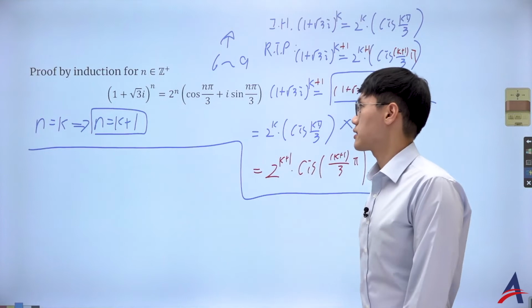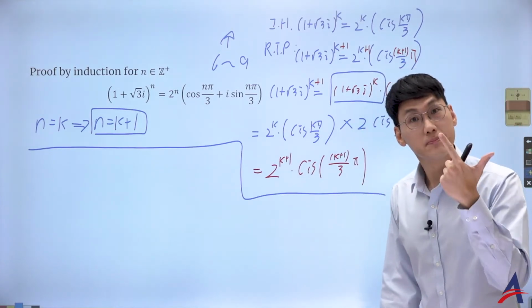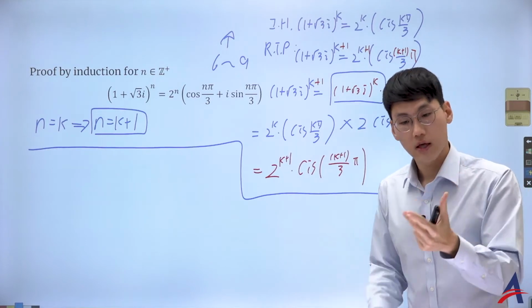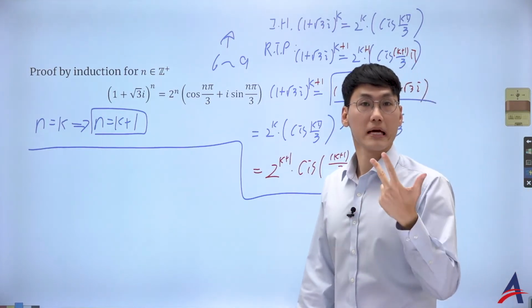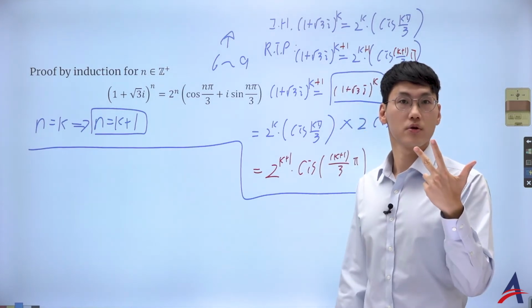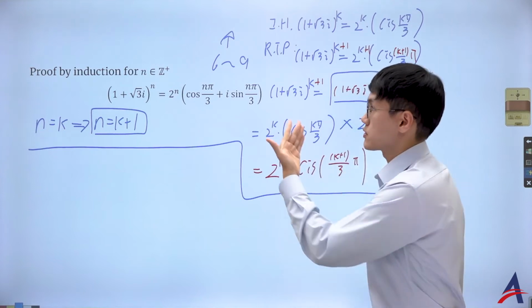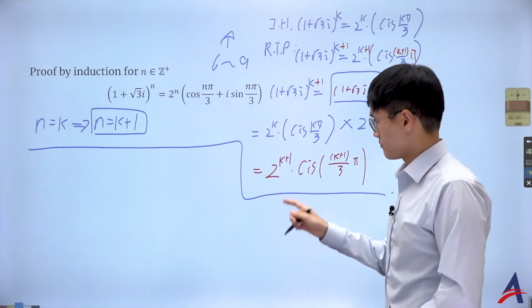So what we can say is, we managed to show the basic step works, the induction hypothesis implies the result to prove, hence the statement must be true for all positive integers by the principle of mathematical induction. You have to write down those conclusions. That's the key of the assessment of the induction.